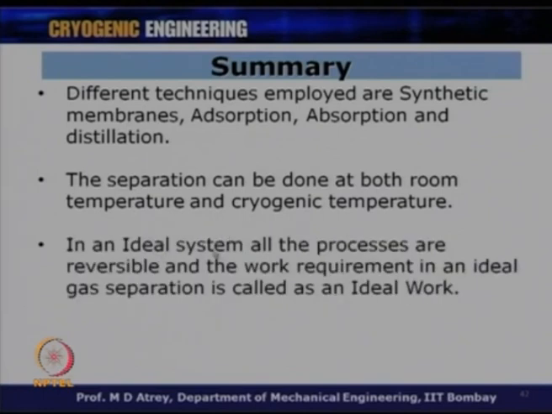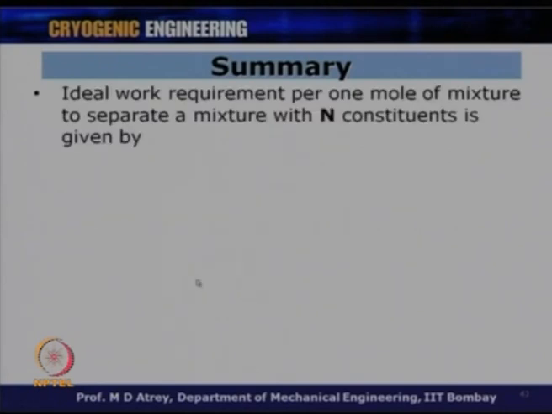In an ideal system, all the processes are reversible, and the work requirement in an ideal gas separation is called the ideal work. So, we got an expression for the ideal work requirement for gas separation. And what is that expression?